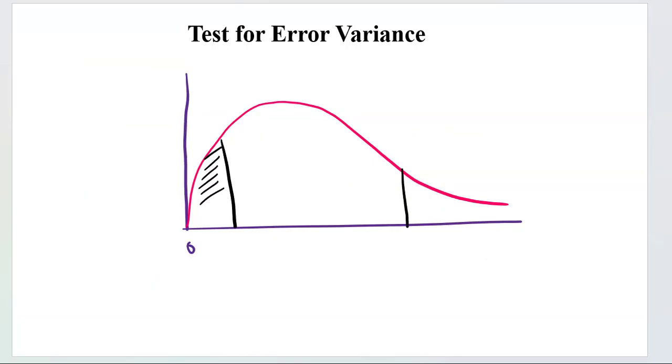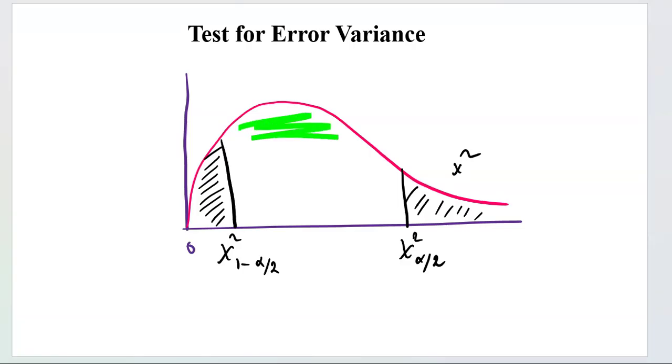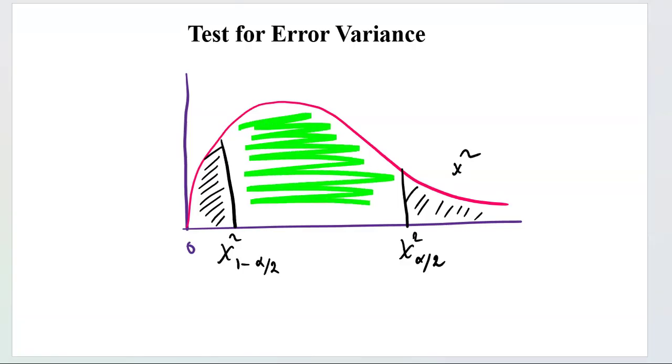This is one critical region, this is another critical region. Basically, this value is chi-square 1 minus alpha by 2, and here the value will be chi-square alpha by 2. This entire portion in the middle is the acceptance region.